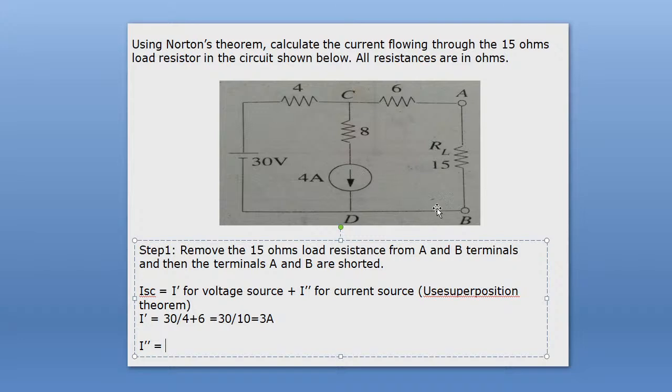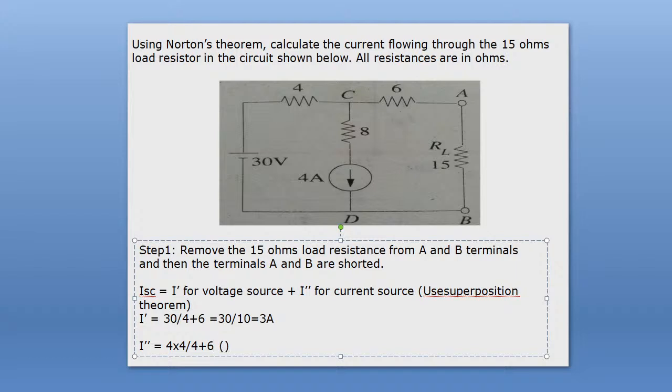To calculate the current through 6 ohm resistance, we will use current division rule. So by using current division rule, we can write total current, the current into opposite branch resistance, that means 4 divided by total resistance 4 plus 6. Okay, this is the approach using current division rule.